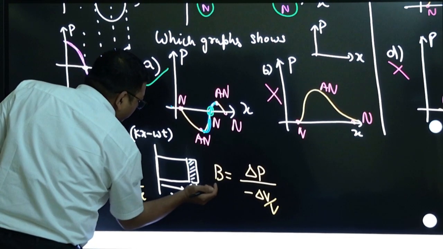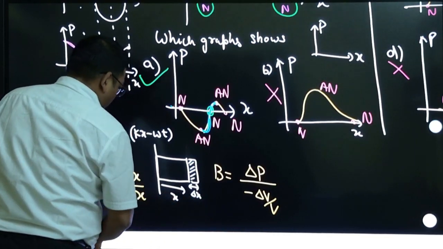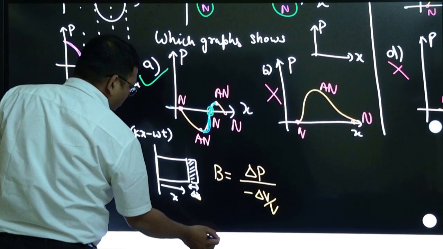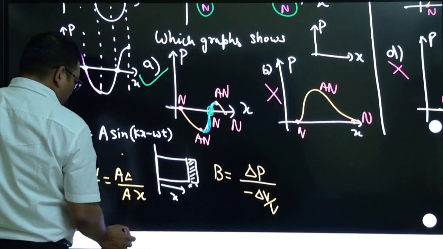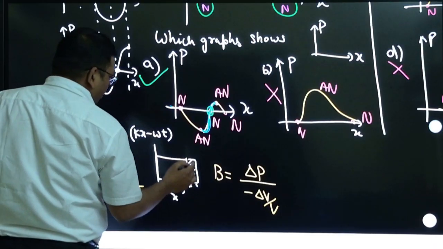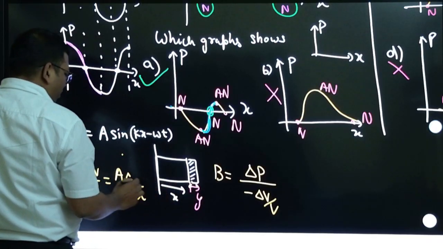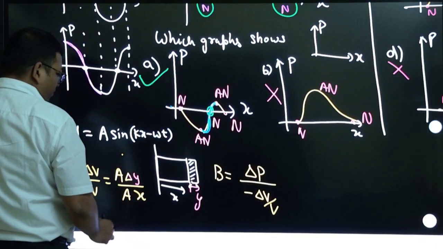Delta x that has happened here is like the displacement, which is y, you can see. So the change of volume is area into displacement delta y.